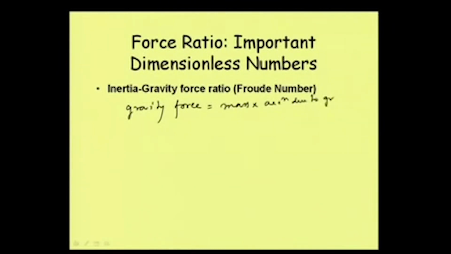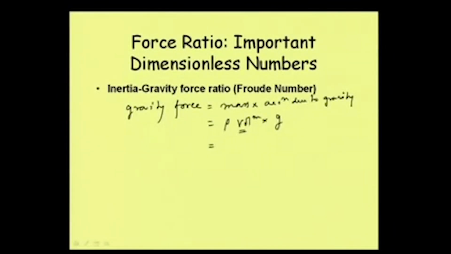Again, if we are interested to keep the g term here, then mass is nothing but rho into volume, and then g. Now what is the dimension of volume? Basically here the quantity which can be expressed in terms of length dimension is a geometrical quantity, so rho into volume means we are writing rho, this volume can be written as L cube, and then we are putting g.